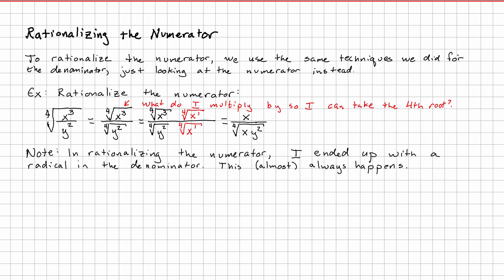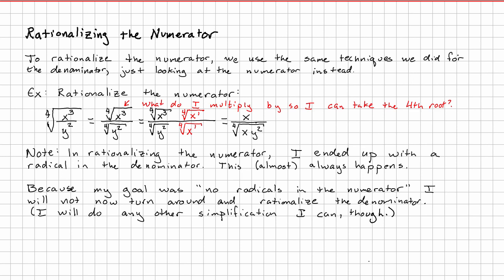If I start out with a radical, I'll almost always end up with a radical somewhere. If I get rid of it in the numerator, it pops up in the denominator. If I get rid of it in the denominator, it pops up in the numerator. Now, because my goal was to have no radicals in the numerator, I will not now turn around and rationalize the denominator. I will simplify in any other way that I can, though, after I rationalize my numerator.